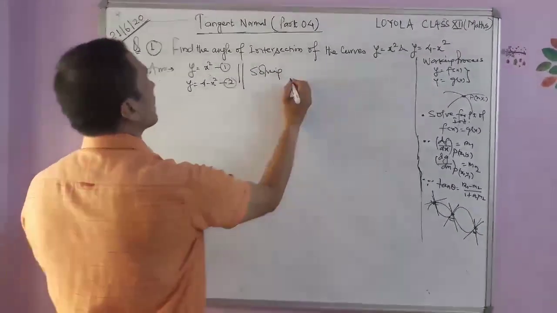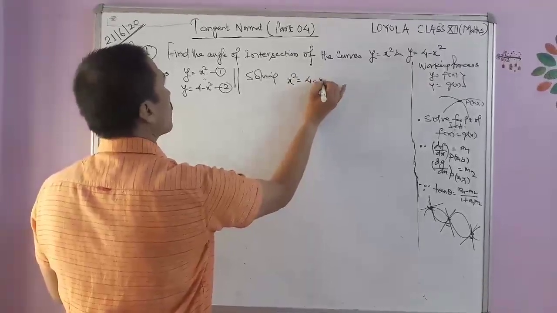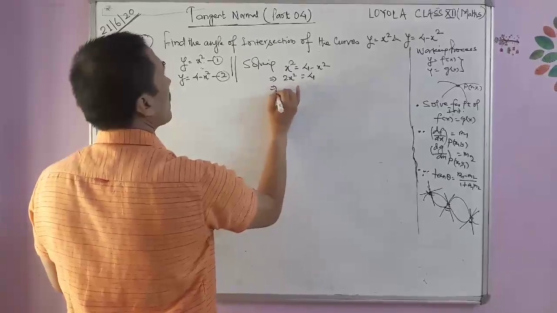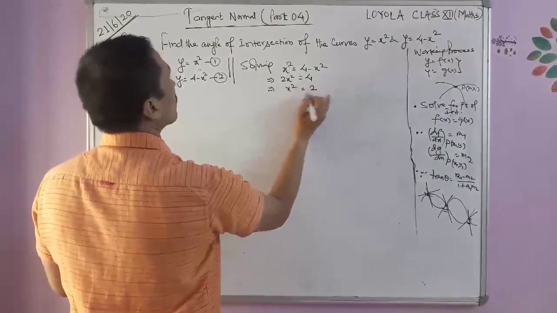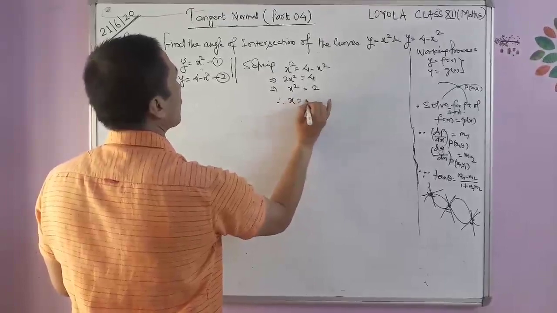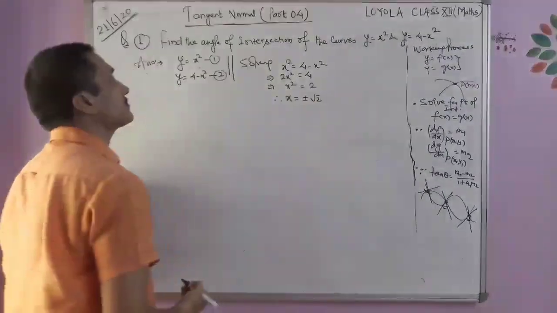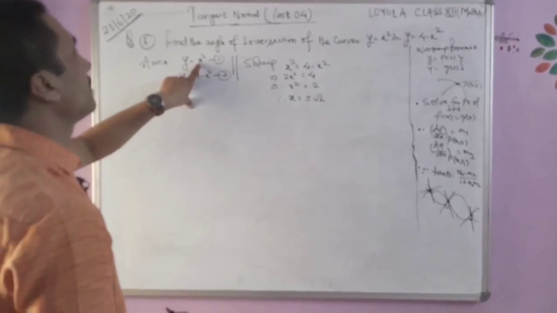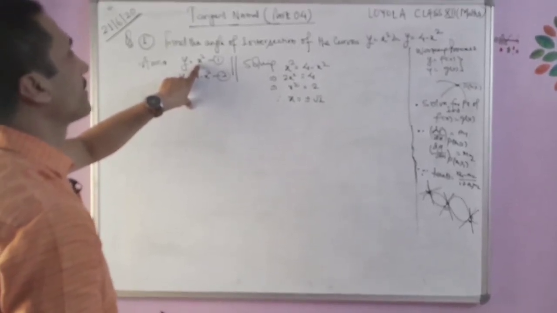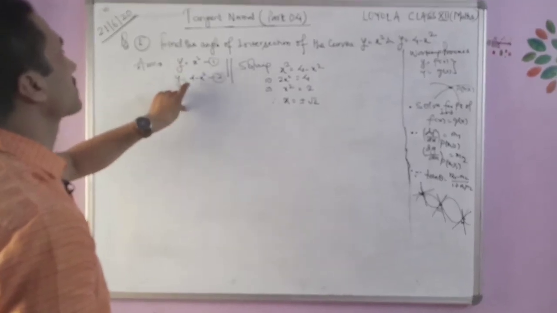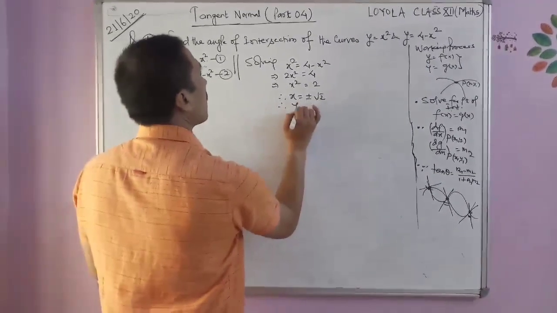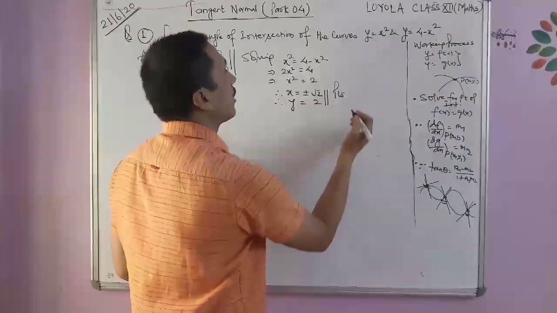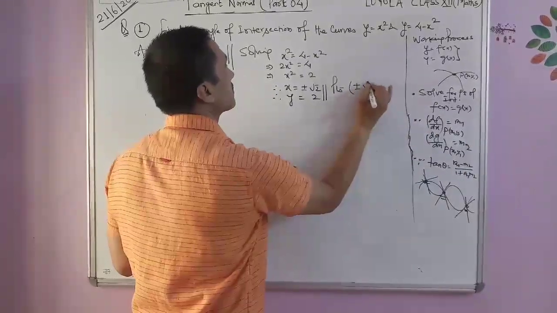Solving, clearly x square equals 4 minus x square, 2x square equals 4 and x square equals 2, therefore x equals plus minus root 2. Putting the value of x square in the first or second equation, we get y equal to 2. So our points of intersection are plus minus root 2, 2.